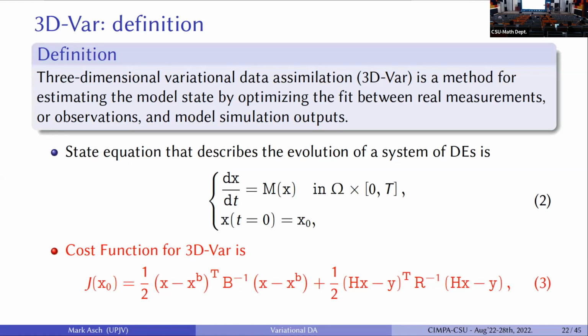We quantify them here in our measurements. The B takes into account the fact that we have some kind of random error inside our analyzed state, between the background state and x. And so we just have to go and minimize this, all right?